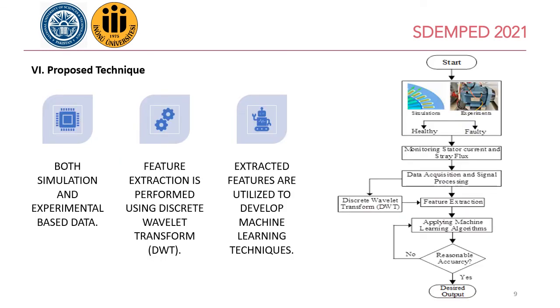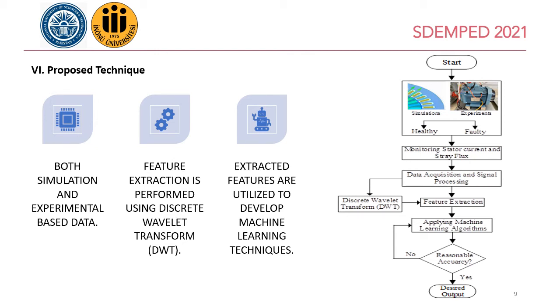The flowchart shows the proposed technique for the detection of broken bar faults. First of all, the motor is simulated and the experimental setup was carried out. Secondly, the leakage flux and current signal are extracted both from the simulation and experimental setup. After that, signal processing is performed in Matlab for both signals, the current and the leakage flux.